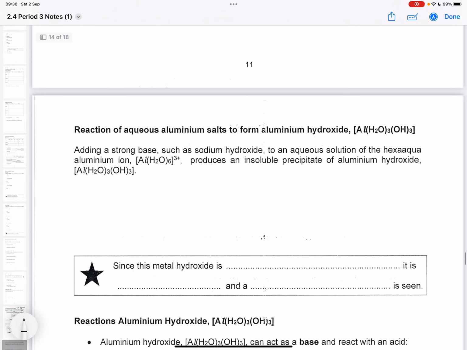Okay, so what happens then is if they're acids, then you could react them with bases.